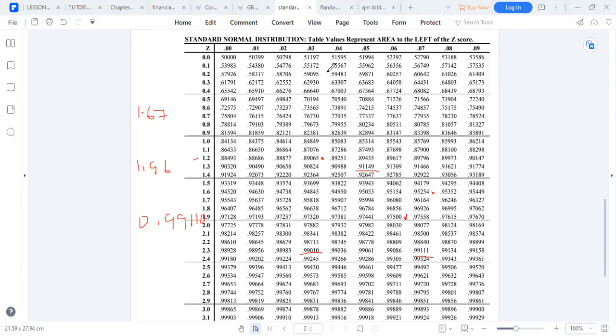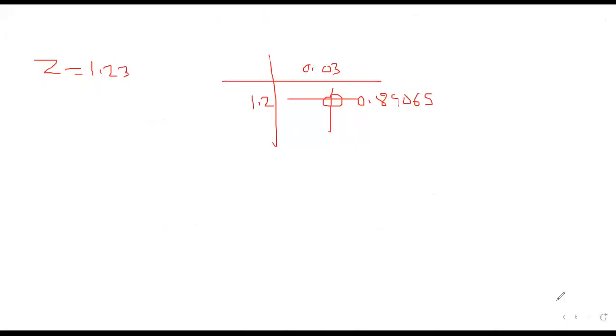Okay, so now let's actualize what we're talking about. We are told, for instance, that we're supposed to find the probability Z is greater than 1.23.